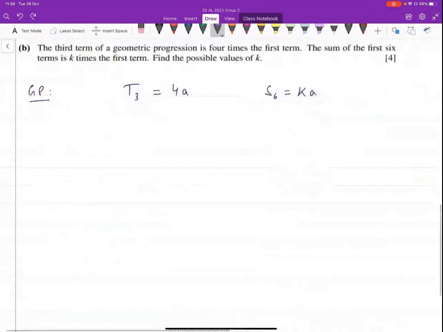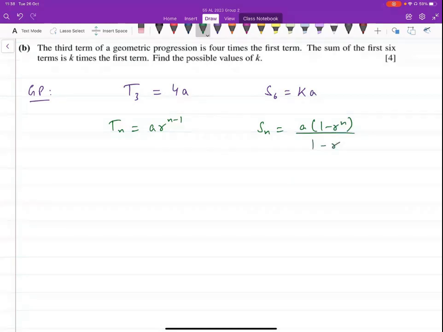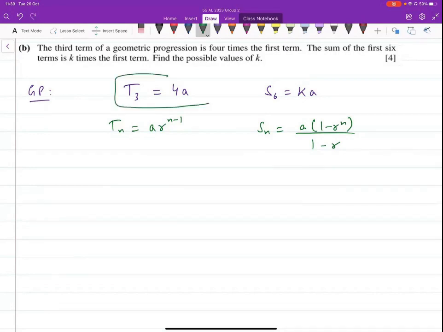Term formula क्या होता है? It's Tn equals A r raised to power n minus 1. And the sum formula is A into 1 minus r raised to power n divided by 1 minus r. What do we have here? We've got the third term given. ठीक है, तो हम क्या करते हैं? हम T3 find करते हैं.